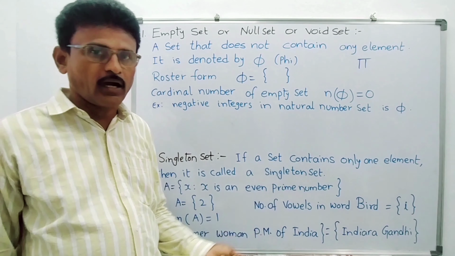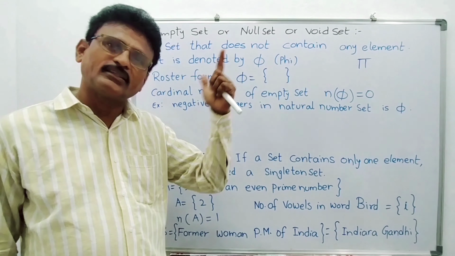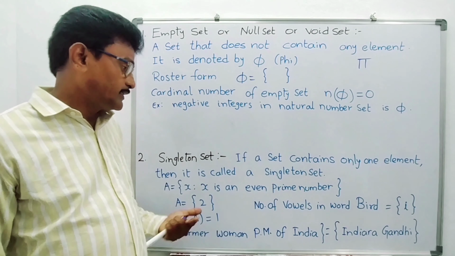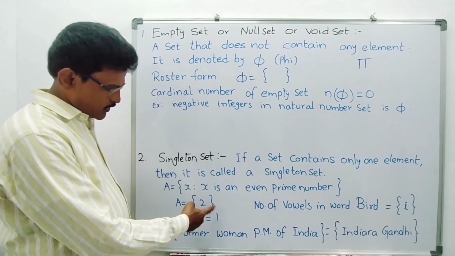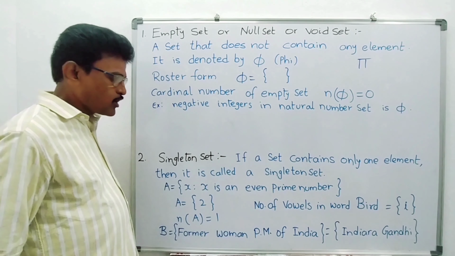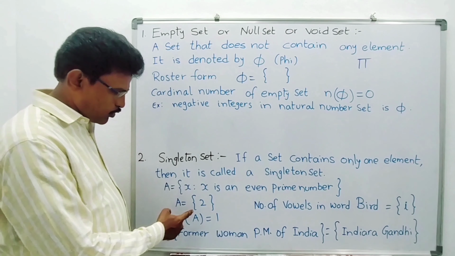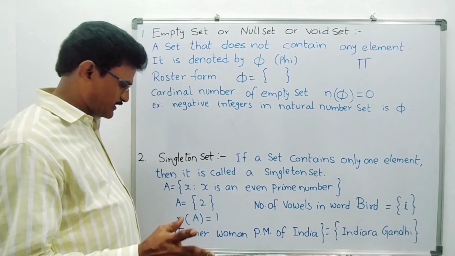The prime number list we know: 2, 3, 5, 7, 11, 13, 17, 19, and so on. In that, only one even number is there. What is that? 2. In roster form we can mention 2. This is set builder form, this is roster form. How many elements are there in set A? Only one element, which is said to be a singleton set.